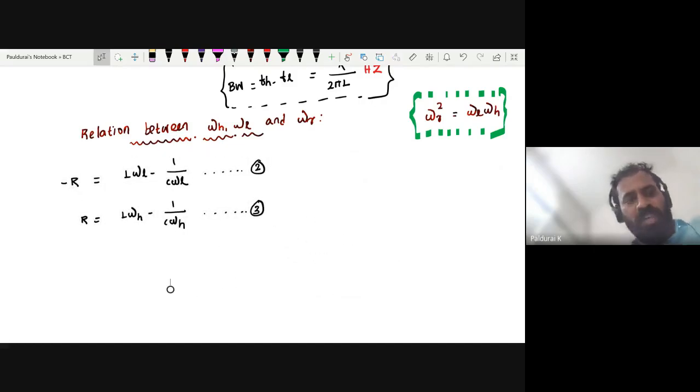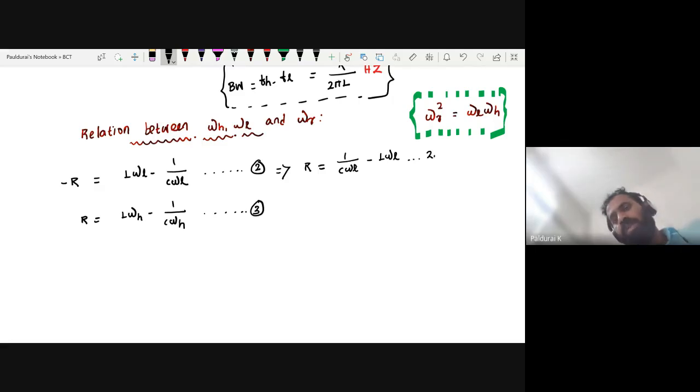From equation 2, what is my R? Can I write R equals 1 divided by C omega L minus L omega L? Take it as equation number 2.1.